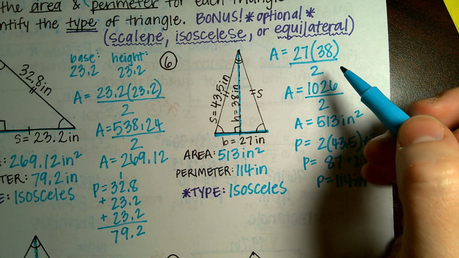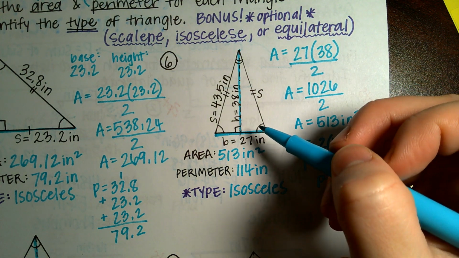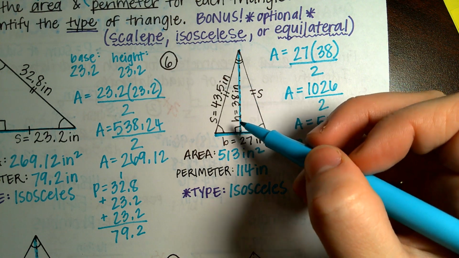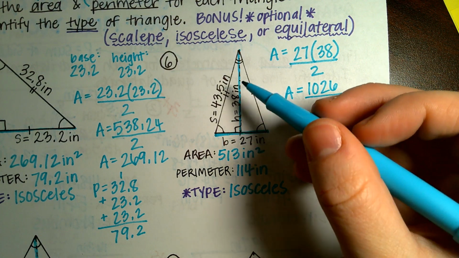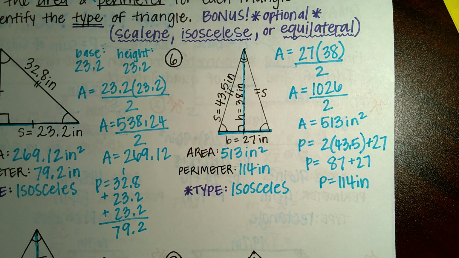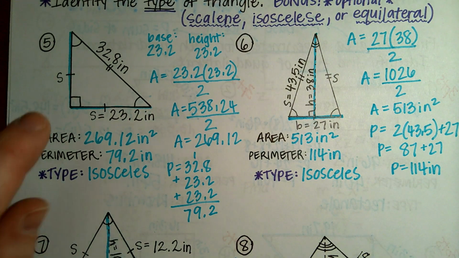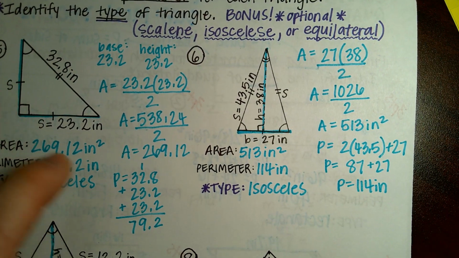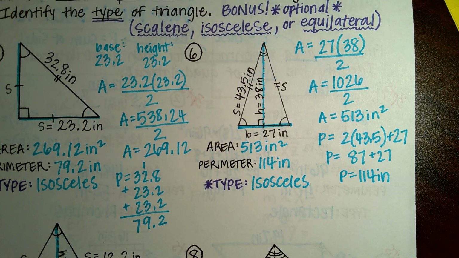You have a totally different height than what I do. What height did you put? The 43. Gotcha, so that's our side length. Gotta be really careful when you put those together so you don't get confused. That's the tricky part about triangles: with a right triangle, your side length is your height, but with any other kind of triangle, your height is a little different, since it doesn't fall right on the edge like the right triangle does.